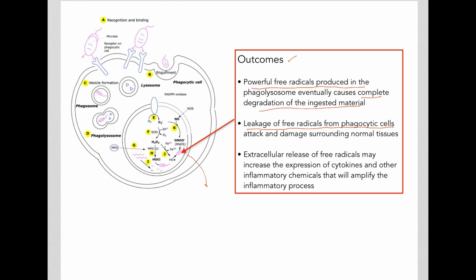So these free radicals might leak out of these cells, and that will damage any surrounding normal tissue. And this is a problem with chronic inflammation. Another outcome is that the extracellular release of free radicals may increase the expression of cytokines and other inflammatory chemicals, and that will amplify the inflammatory process.